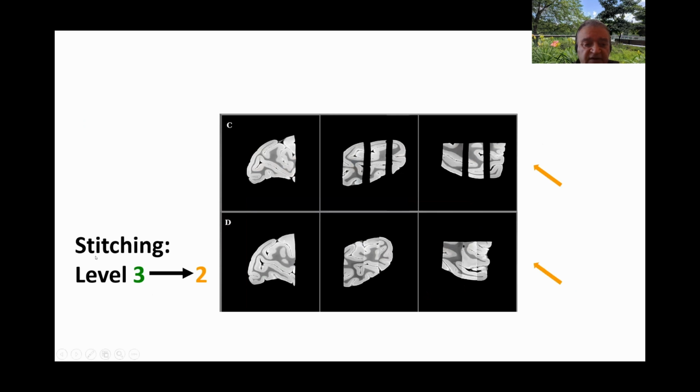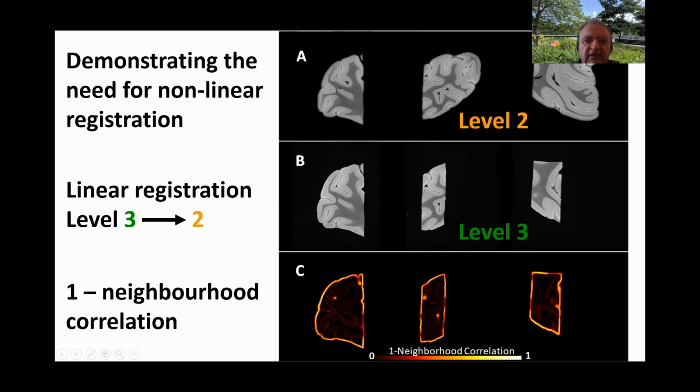For that, we first stitch level 3 blocks to level 2. These are the original blocks that were imaged at the small animal scanner. And this is the final result, the stitching. How do we do that? First, I want to demonstrate that there is a need for non-linear registration.